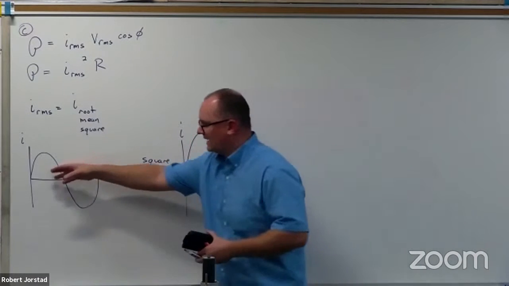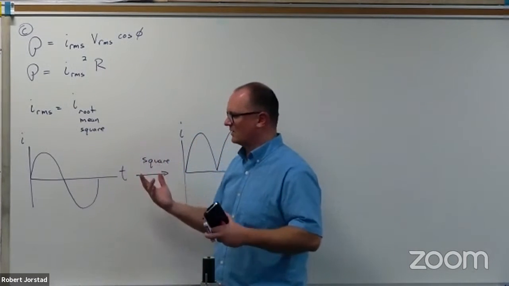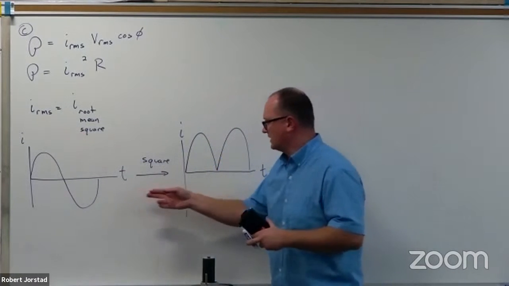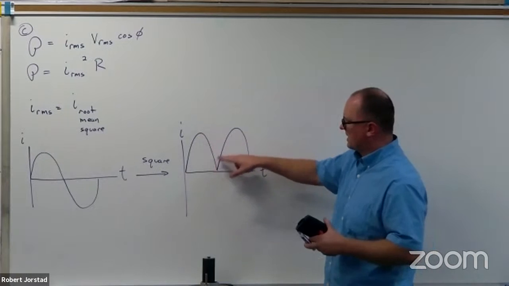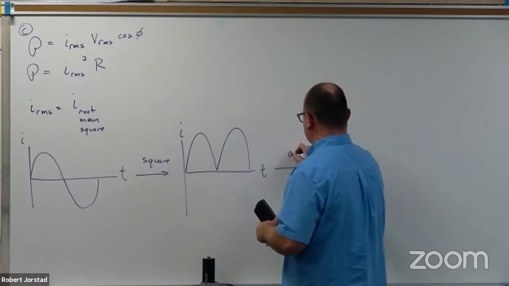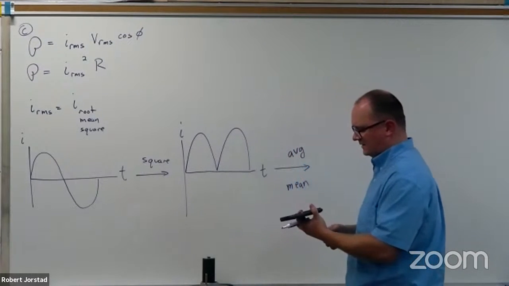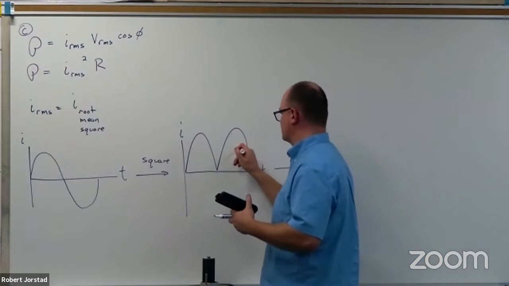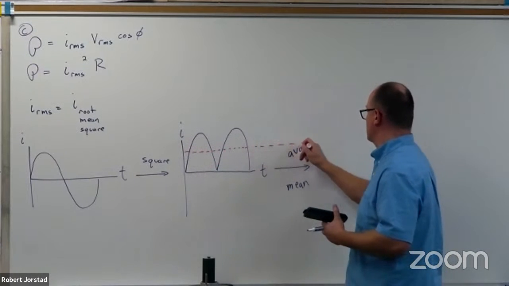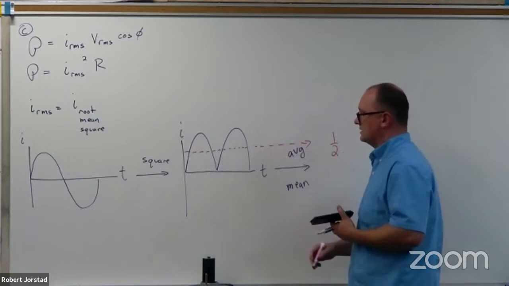And now I don't know if the height's going to get taller or shorter. Basically, that depends on whether the number is bigger or smaller than 1. So don't worry so much about the height. Just accept the fact that when you square it, both of the bumps are going to be above there. Then we can take the average or the mean of this. Well, it turns out the mean of a cosine squared function happens to be exactly a half of the peak. All right. So the average is half of the I squared peak.